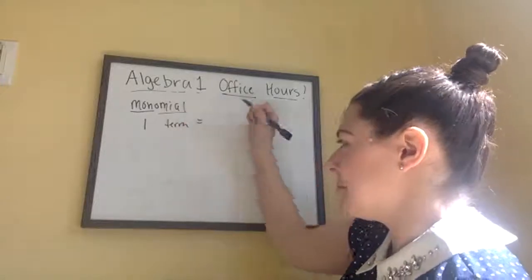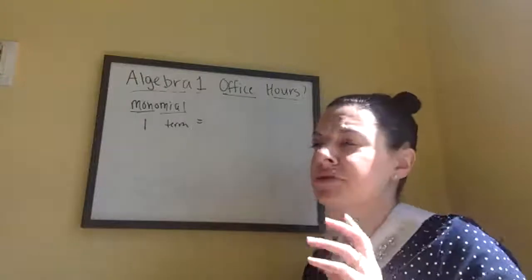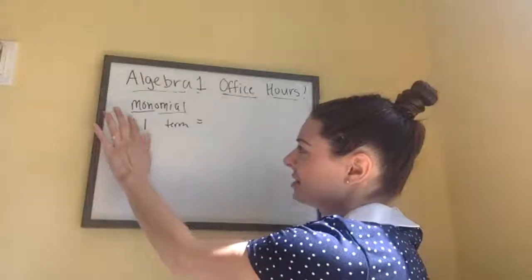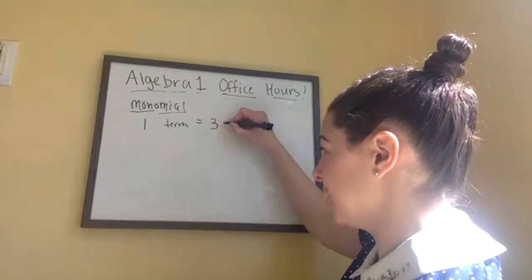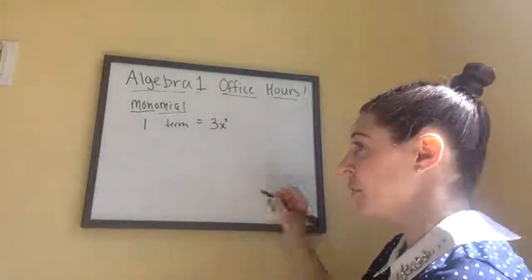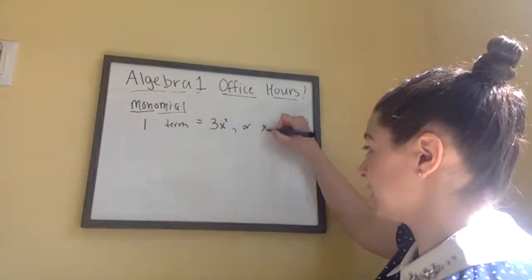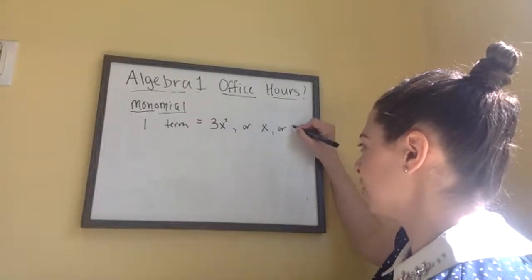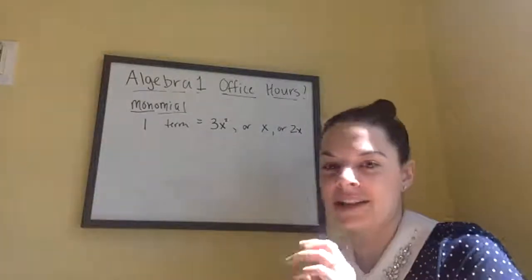What that means in math is that you have an expression, which is things with numbers or variables or both. And because this is a monomial, it has just 1 term. So an example would be like 3x squared. Or another example, x. Or 2x. It's just one thing. There's no pluses, there's no minuses, it's just one thing.